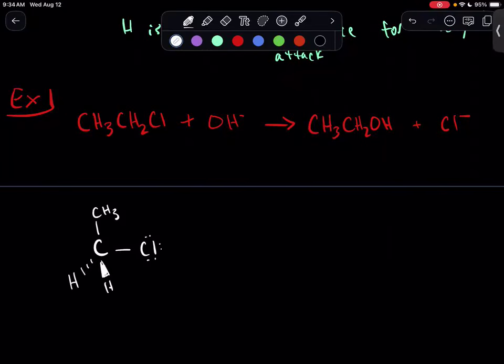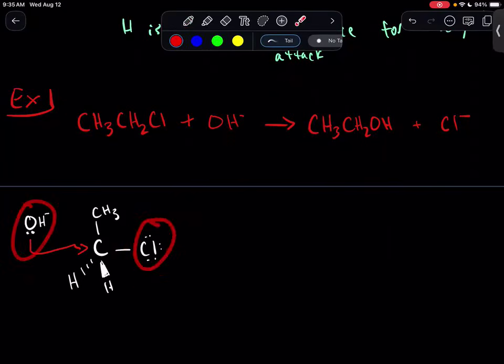And so, like I said, there's that open space in the back where OH can go ahead and attack. Now, a couple things to note here is that we know that OH won't come around the chlorine because the chlorine's very electron rich. They kind of repel each other, so they don't want to attack there.